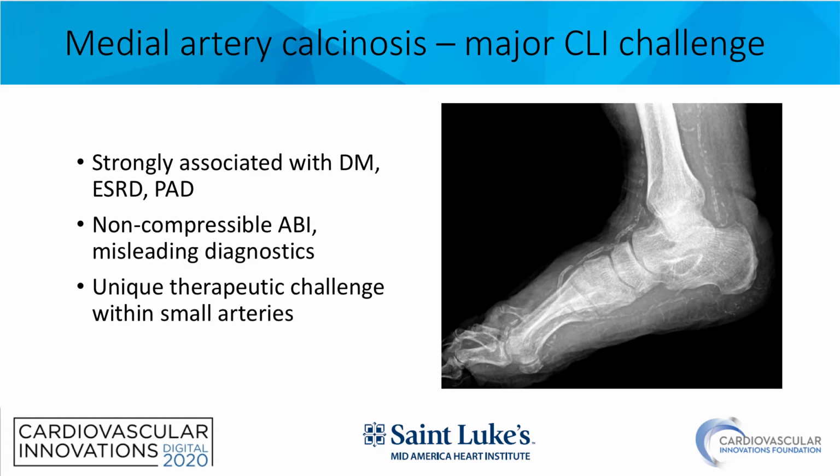Medial artery calcinosis is largely to blame and is a major challenge to treating CLI. MAC is strongly associated with diabetes and end-stage renal disease, and leads to misleading diagnostic testing, specifically poorly compressible or non-compressible arteries. And there are also unique therapeutic challenges related to MAC.